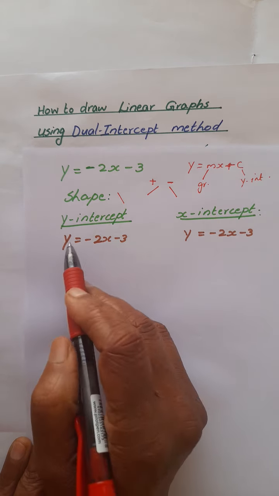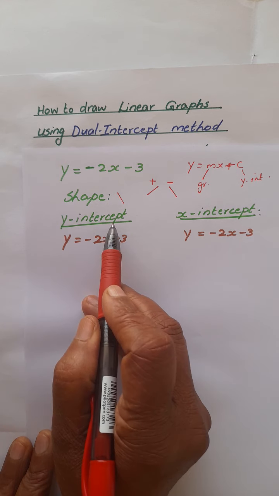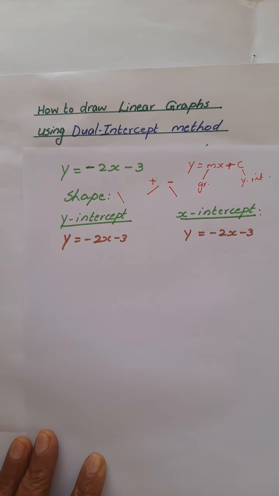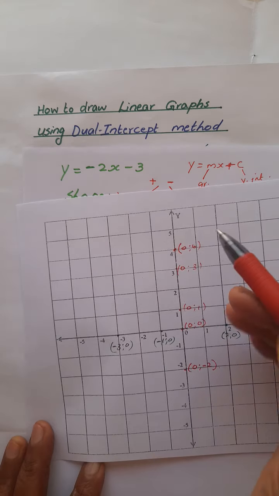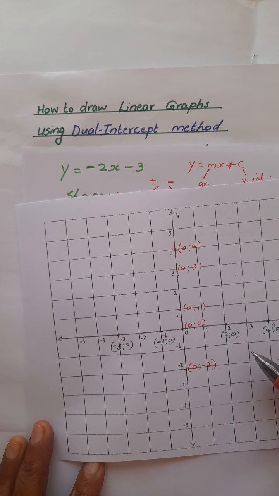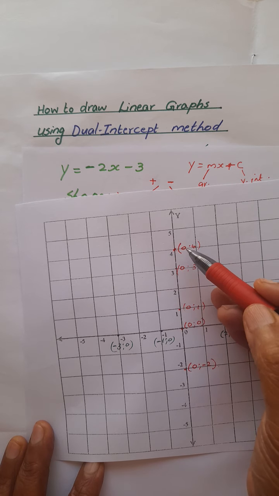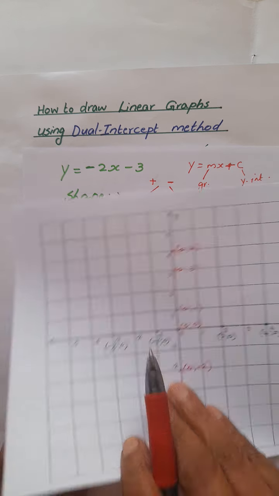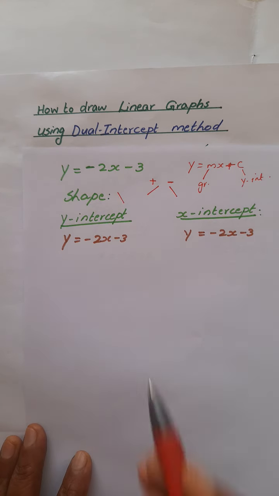Okay, now we are to find the y-intercept. What do we mean by y-intercept? It is where the graph cuts the y-axis. We know that on the y-axis, the x coordinate is 0, so we will be using that here.